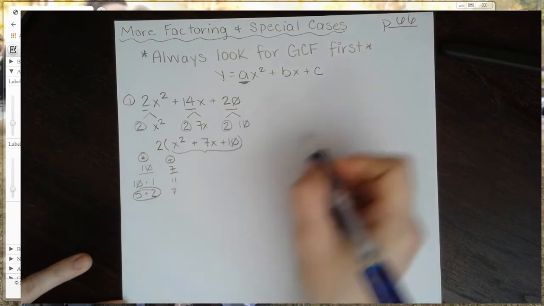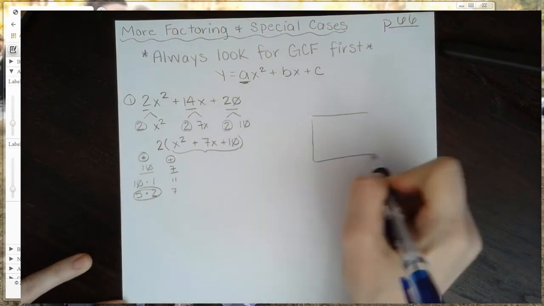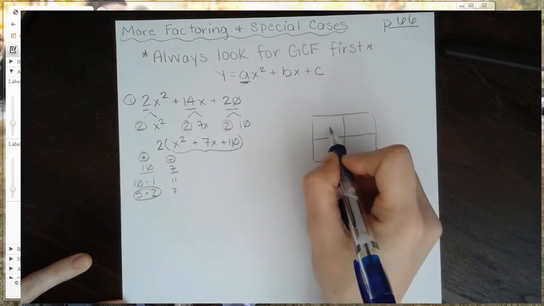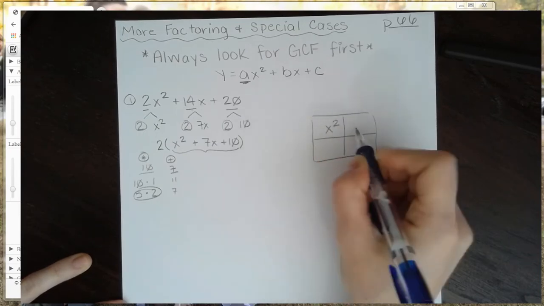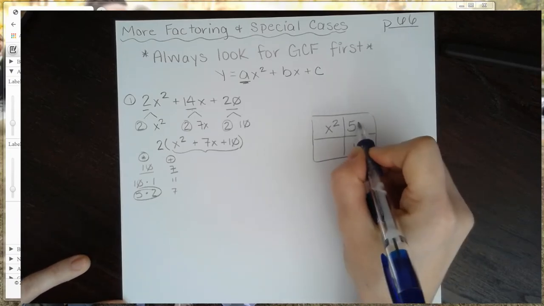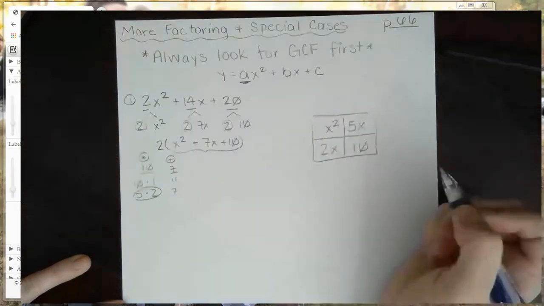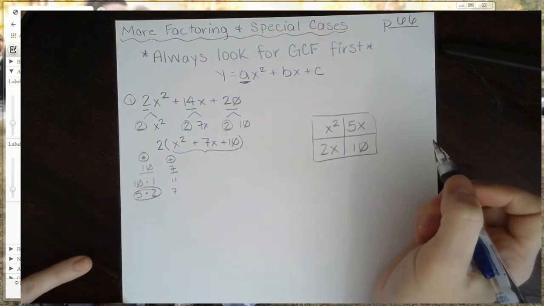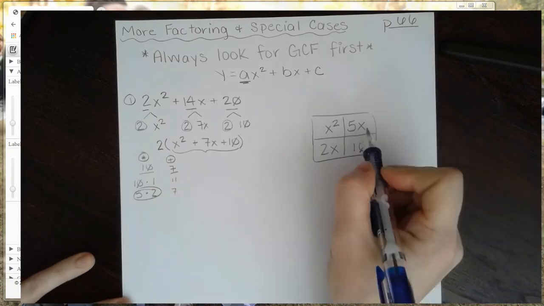So that's what's going to go into the box here. I'm going to go over here for a little bit more room. So x squared is my first corner. 10 is the opposite corner. Then I'll have 5x and 2x. Now I'm looking for common factors within each row and each column.